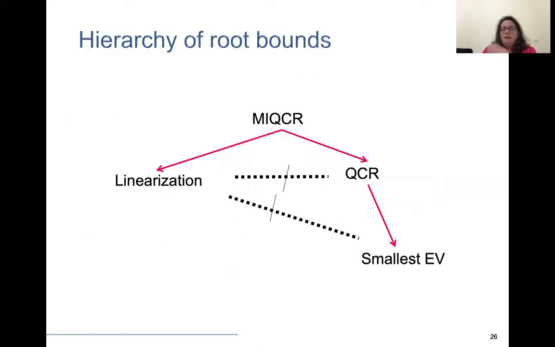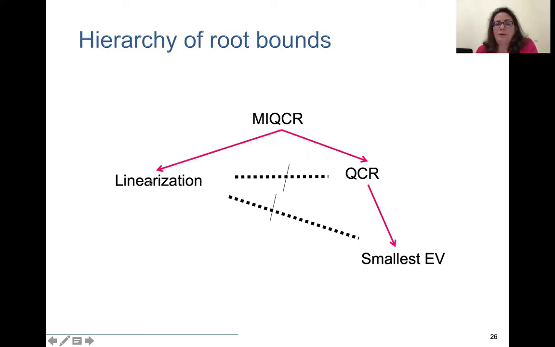So what we have to keep from this part is that this improved version of QCR is better than the first one, which is again better than the smallest eigenvalue. So all this by construction. But the new thing is that MIQCR is better than linearization.